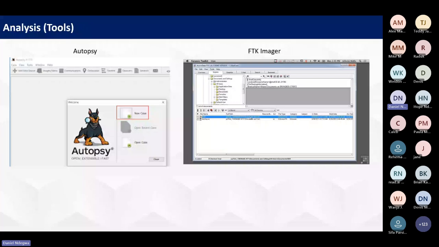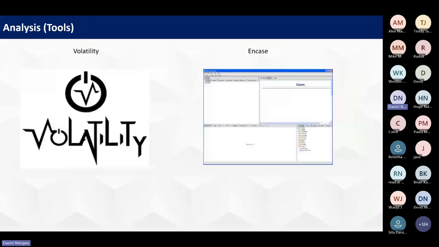So in case there's a specific file name that you're looking for on a specific image that you have collected, FTK Imager and also Autopsy would allow you to do that. And FTK is also a free tool, so you can check it out and have a view of it.